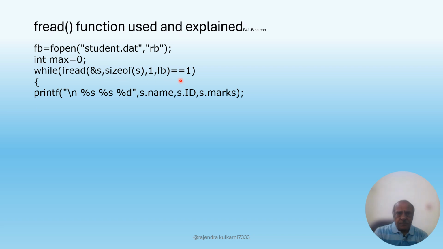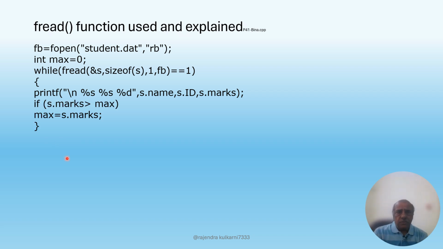As long as the number of records read is 1, the loop will continue to operate. When there is no record left, the loop will terminate. Then by using this printf statement, we are taking out the name, id and marks that we have earlier entered in the file, and that data will be displayed on our monitor screen using the printf function.